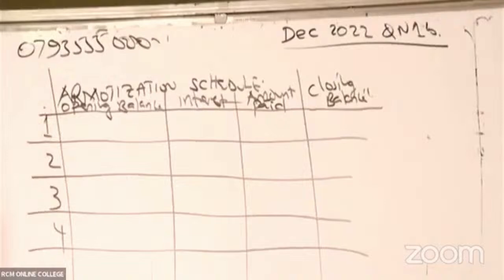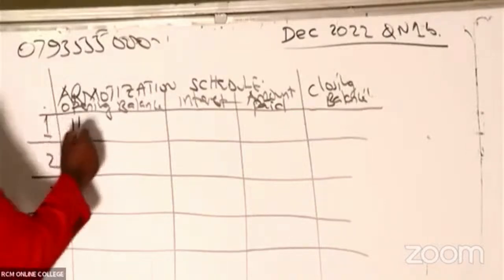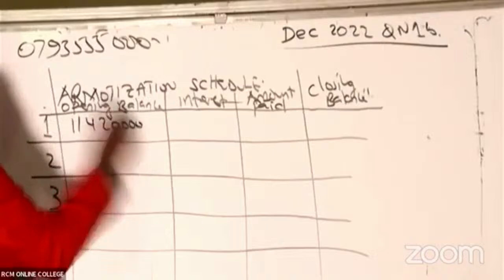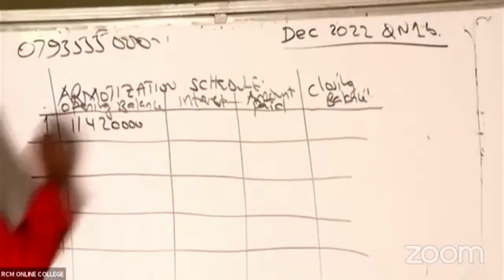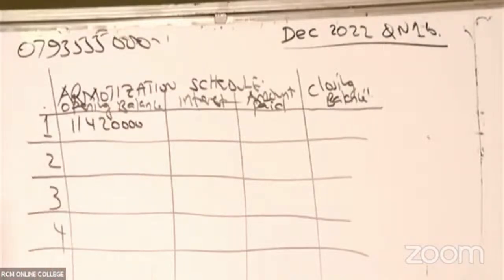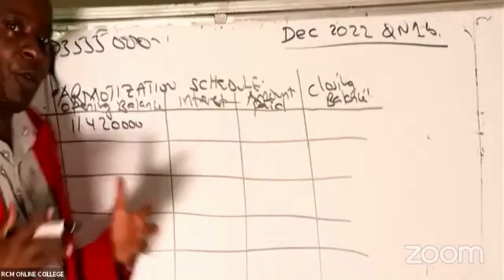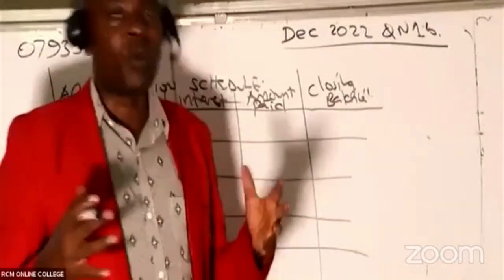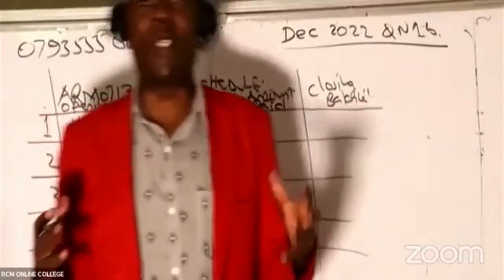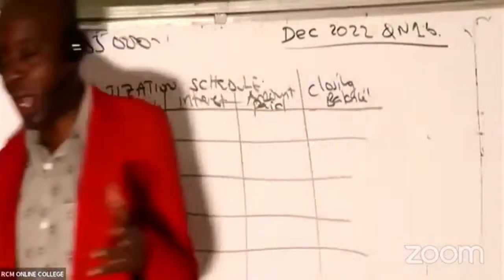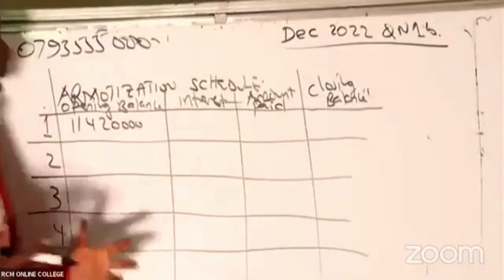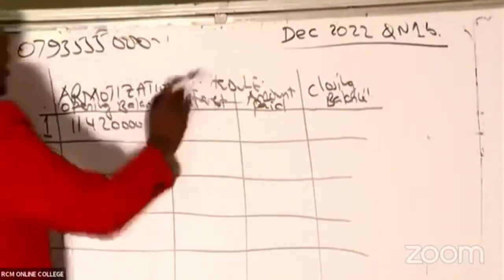I've only forgotten it. 11,420,000. Is there anybody who is able to remember the rate of interest? It is normally the cost of capital, which is 15%.